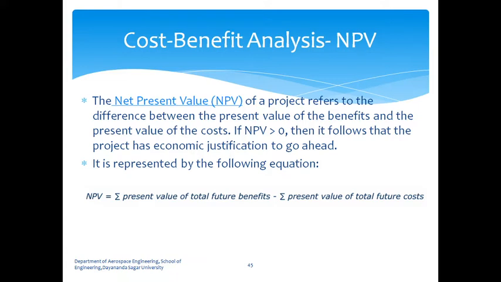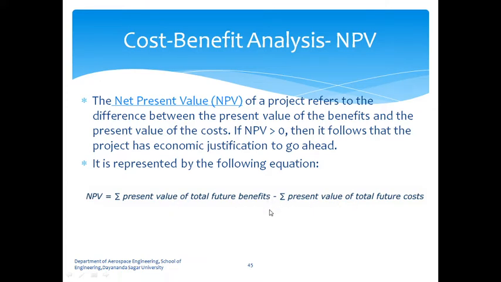So we call that the net present value. Net present value equals present value of the total future benefits minus present value of the present and future cost. In the earlier method we took the ratio, but here we are taking the difference.